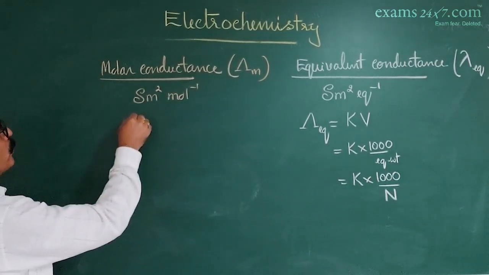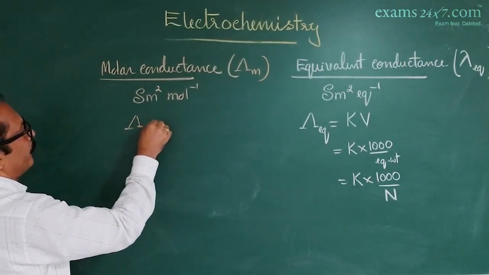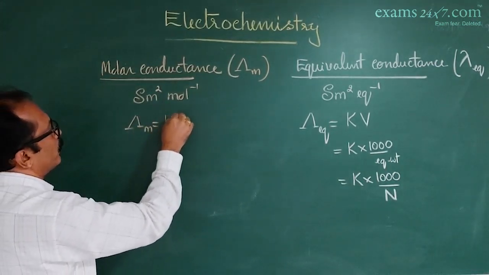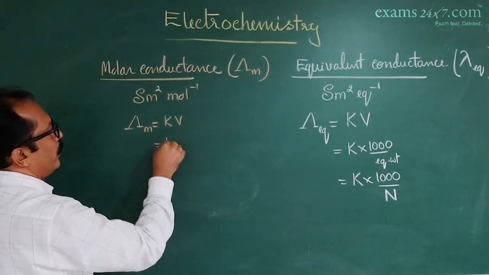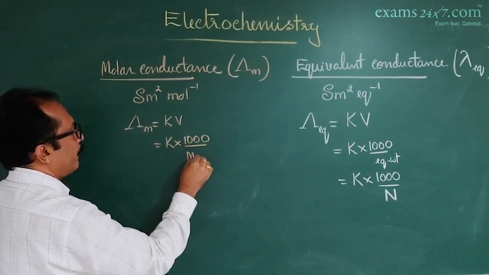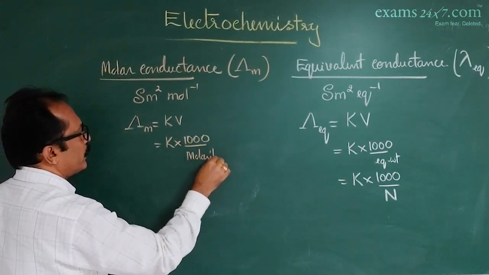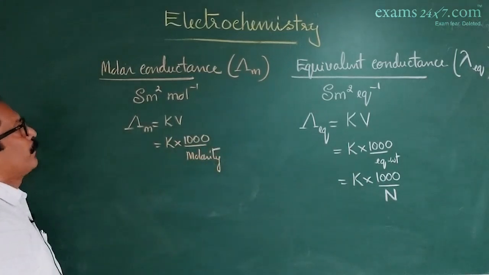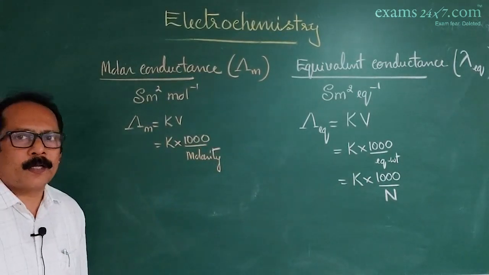Now, molar conductance lambda m is equal to K into V, which is K into 1000 divided by molarity. So, this is about the term molar conductance.